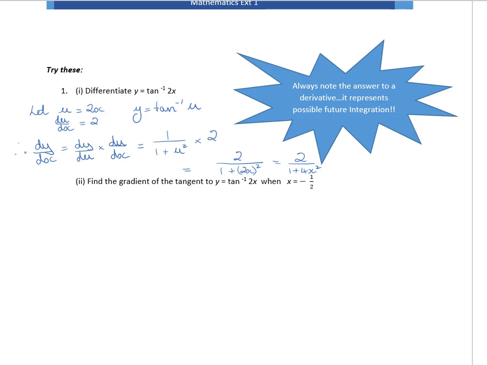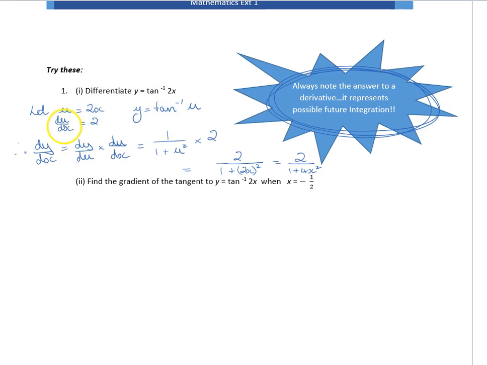So you have to really focus on what your answers look like now, because your answers will be possible future integration questions. You can see here with differentiate y equals tan inverse 2x, I've considered that slightly complicated. You can always use dy dx is dy du times du dx, so why not in this case?